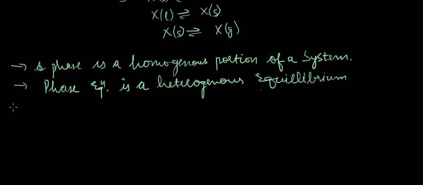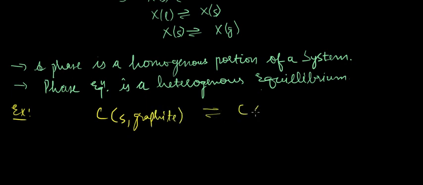Okay, so we can write that carbon solid, and specifically graphite, converts itself into carbon in the same solid phase, but now it is diamond.